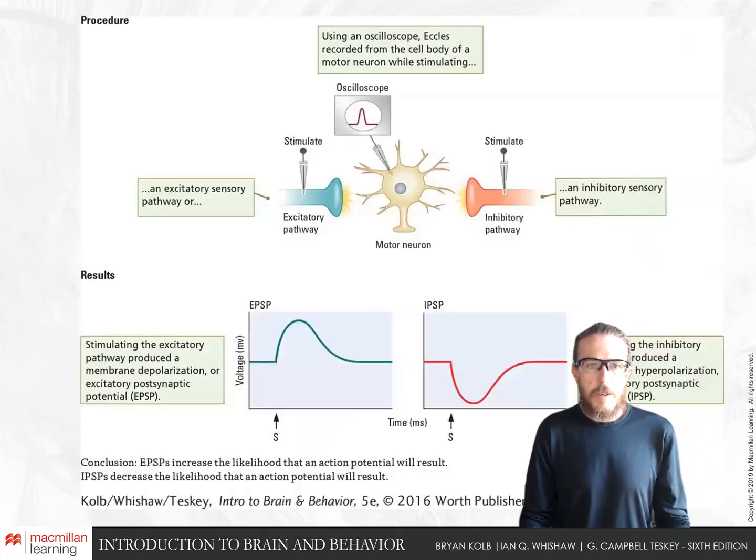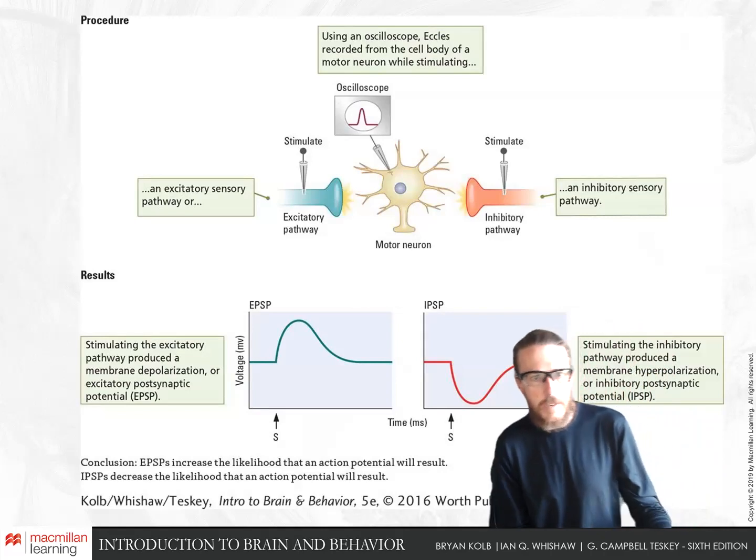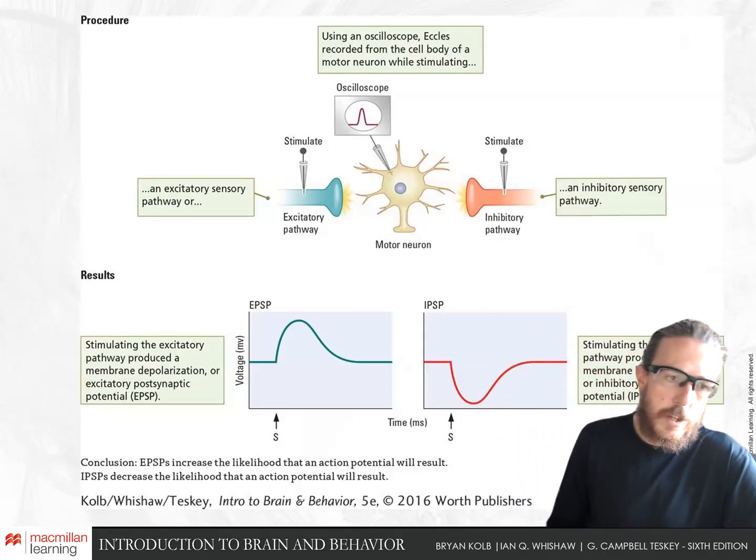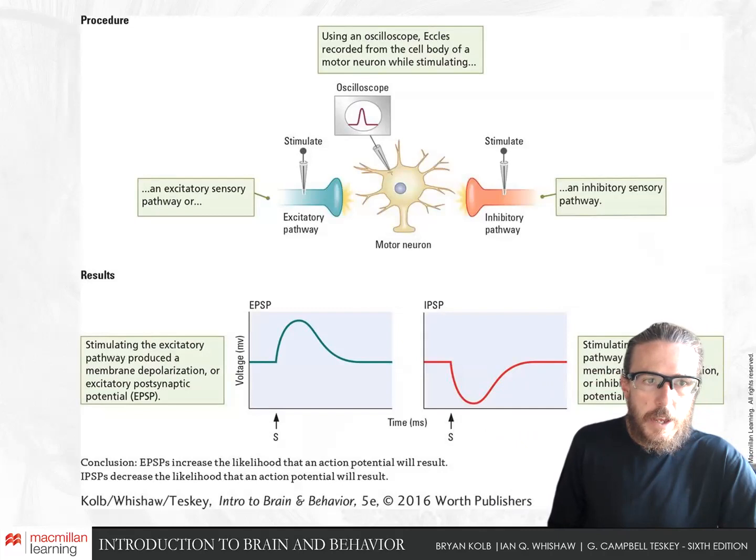So, excitatory sensory pathways coming into a motor neuron. If you measure from the membrane as they come in, you can see this change in voltage to depolarize the neuron as you stimulate the preceding neuron to get it to input into this neuron.